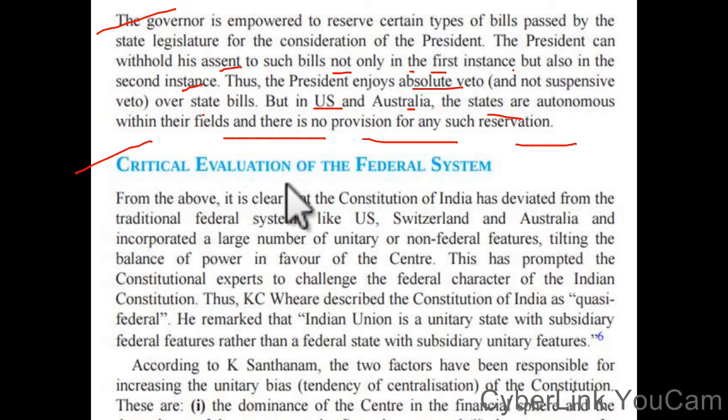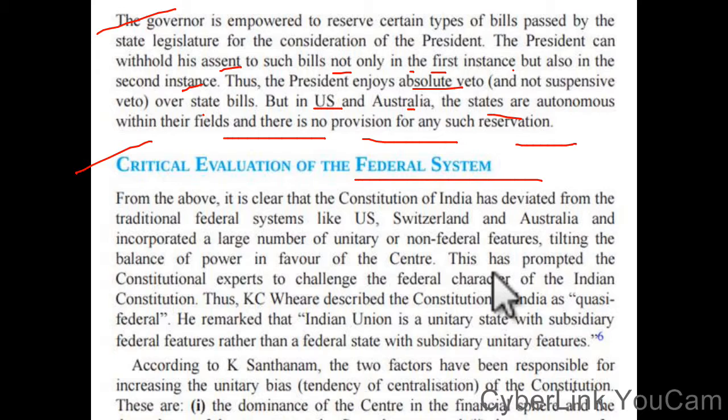Critical evaluation of the federal system. From the above, it is clear that the Constitution of India has deviated from the traditional federations like the US, Switzerland and Australia, and incorporated a large number of unitary or non-federal features, tilting the balance of powers in favor of the center.